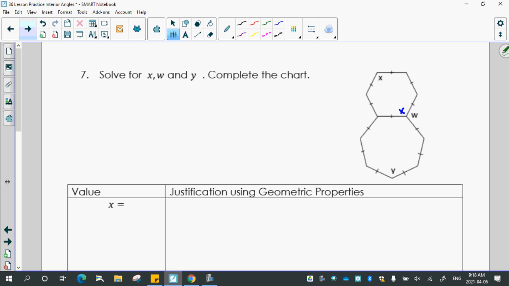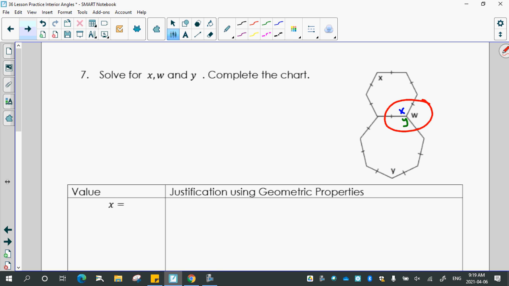And if you know Y, you know this angle in here as well. What do you know then about all of these 3 angles added up together? They make 360, because there's 360 degrees in a circle. Okay? So if we know X and Y, we could find W because all 3 of them have to add up to 360. Yes? Okay?